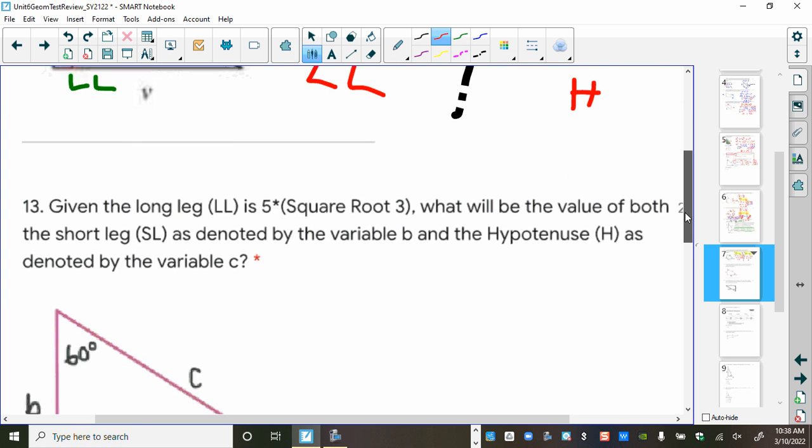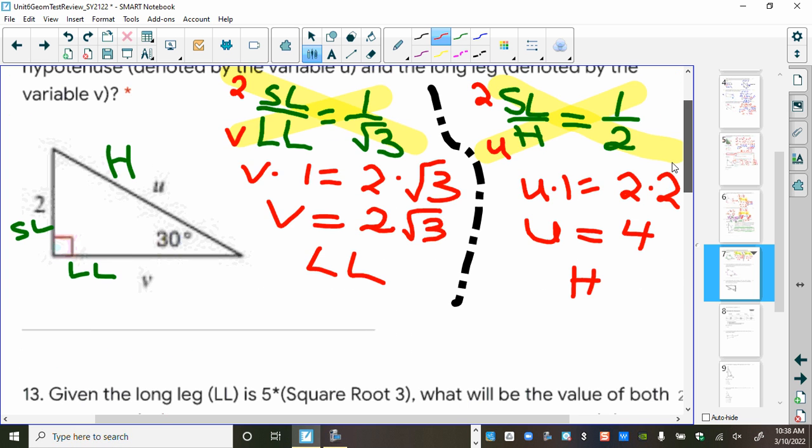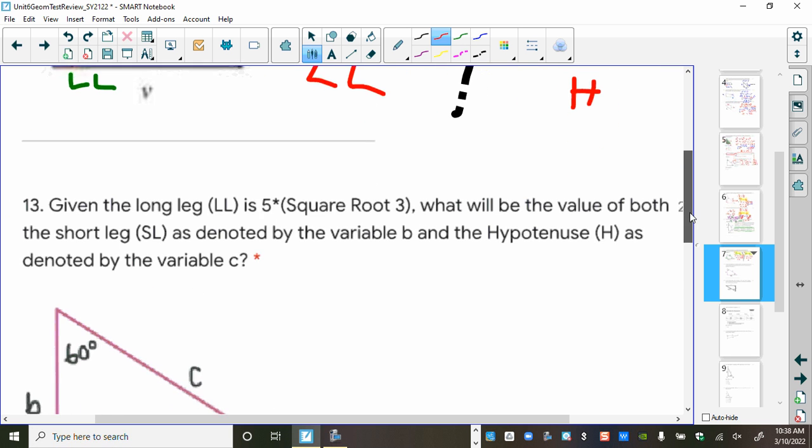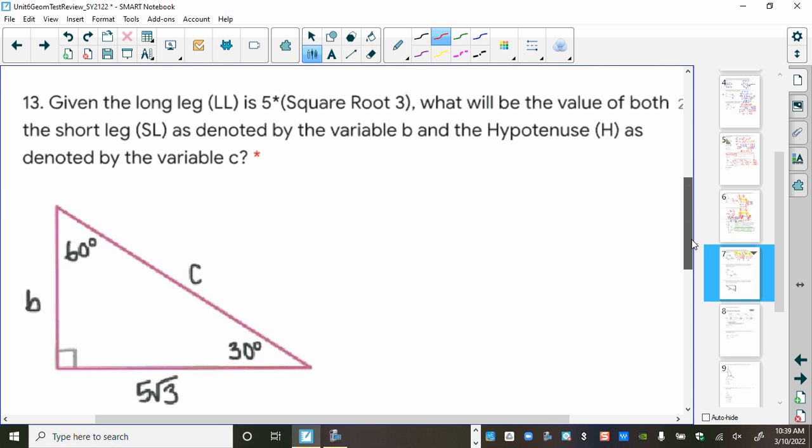All right, now, the second one, what did they give us for the second one? What's given here? Got a hypotenuse, that's C. There's your short leg, that's B. All right, long leg's 5 square root of 3.